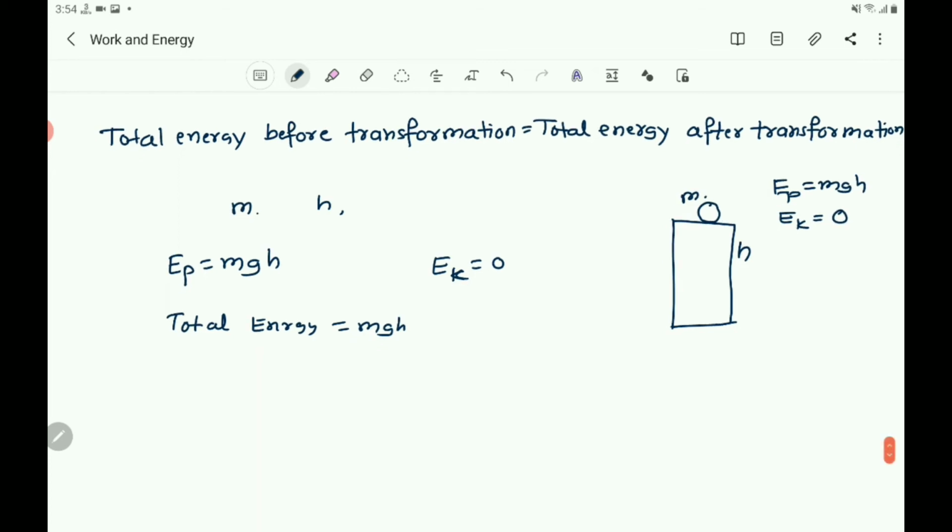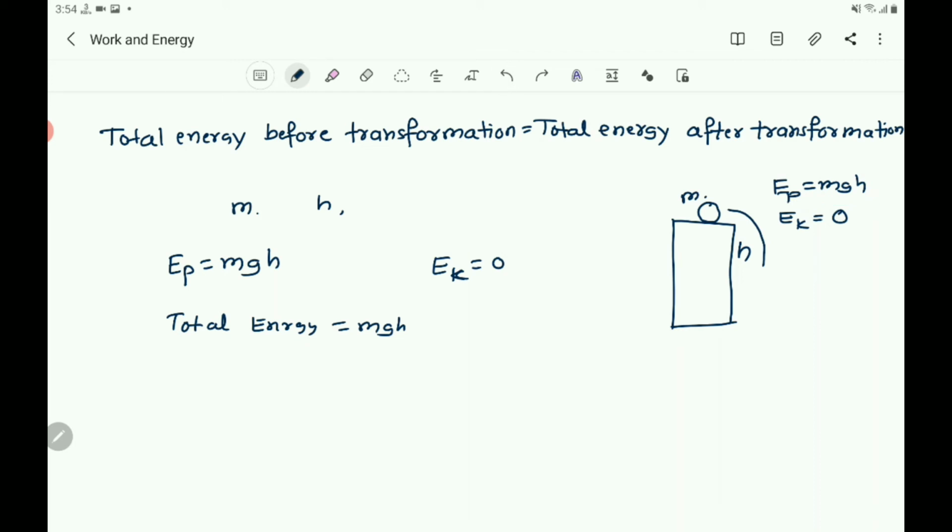Now when it is made to fall, what happens? Its motion starts, so its potential energy changes into kinetic energy.